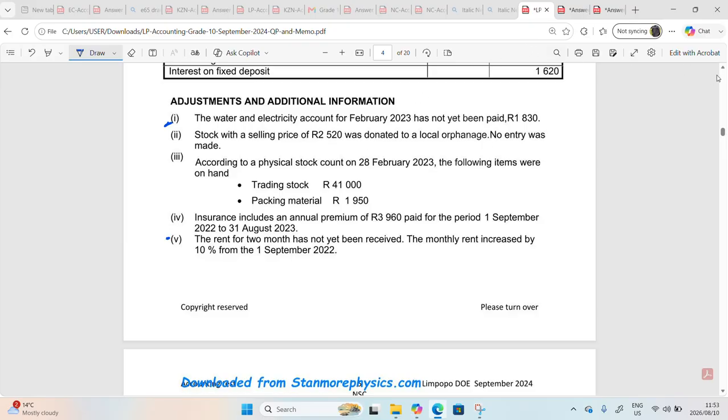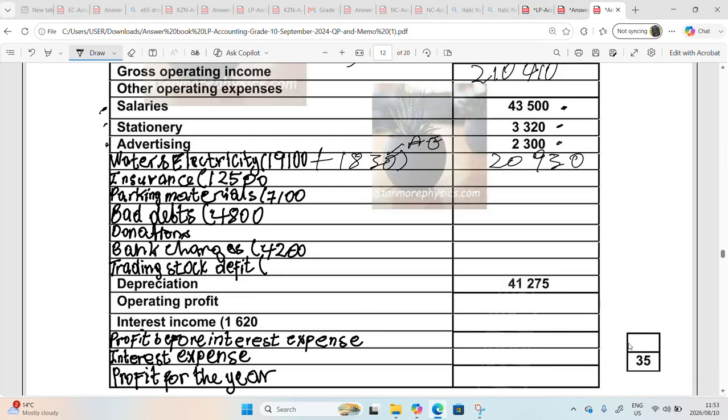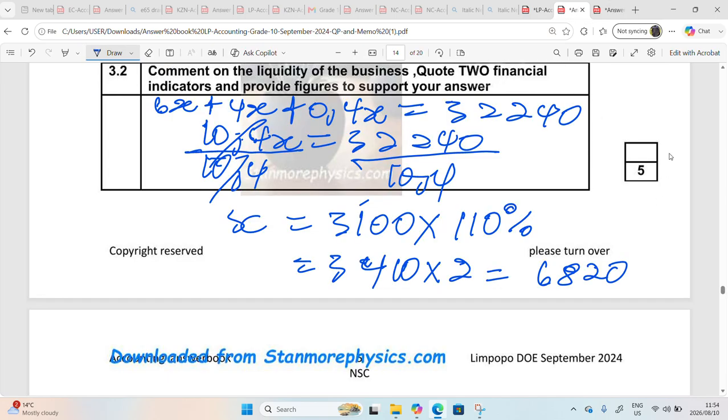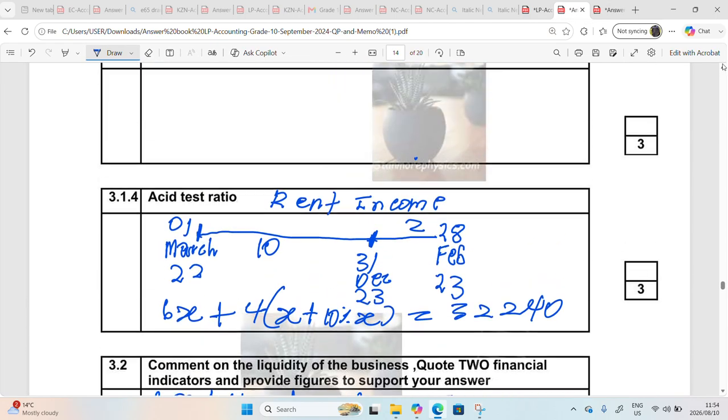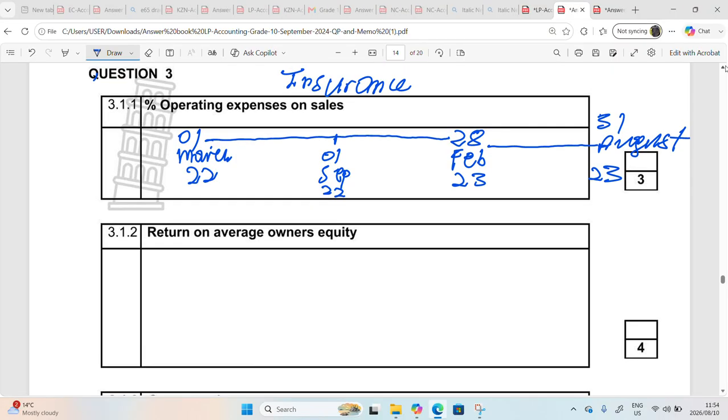So here's what we need to do. Insurance, guys, we're only supposed to end on the 28th with our insurance, but we paid an annual premium from 1st September up until the 31st of August.